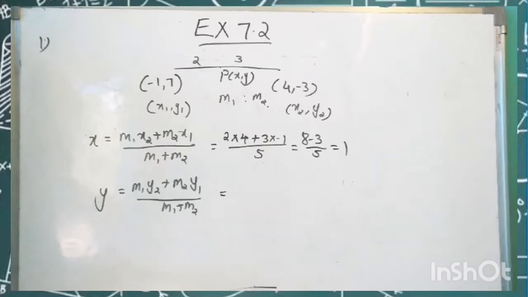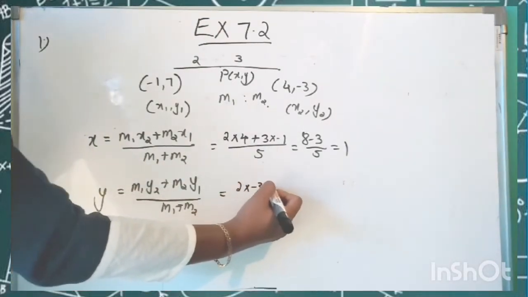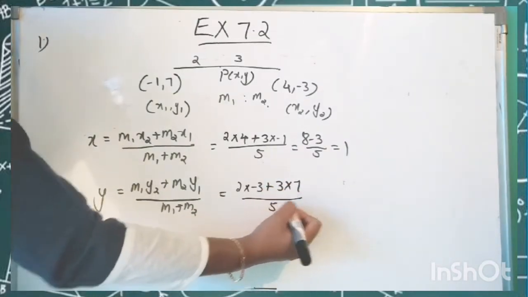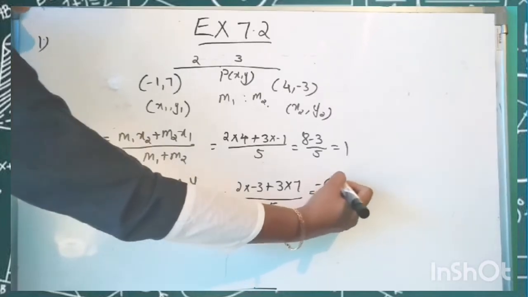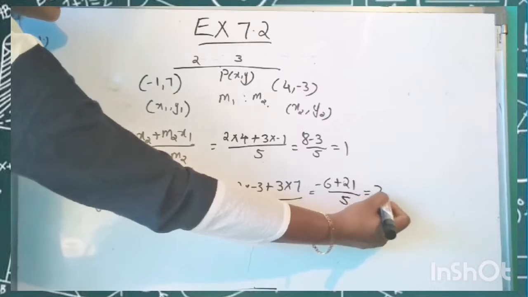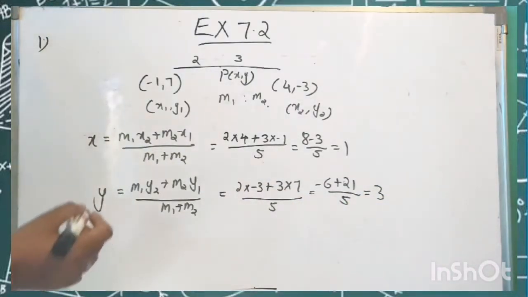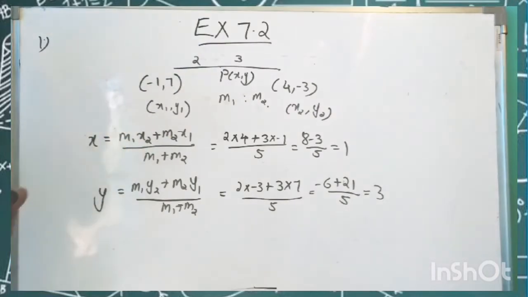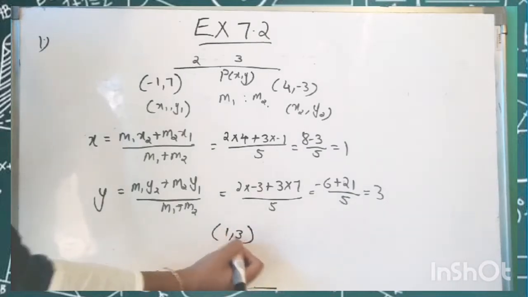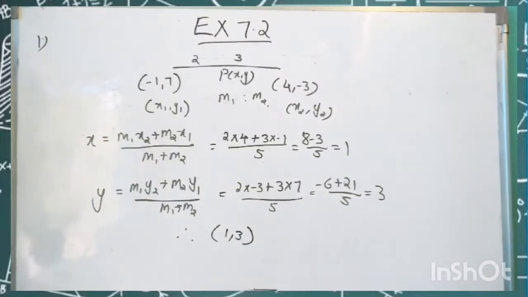Now y is equal to 2 into minus 3 plus 3 into 7 divided by 5, is equal to minus 6 plus 21 divided by 5, is equal to 3. So the coordinates of the point which divides our line in the ratio 2:3 is ordered pair 1 comma 3. Therefore ordered pair 1 comma 3 is our required point.